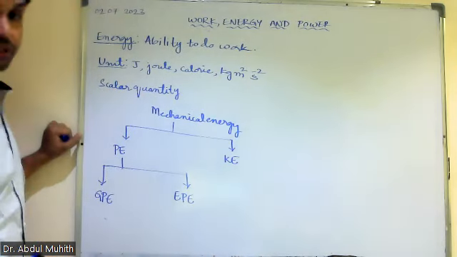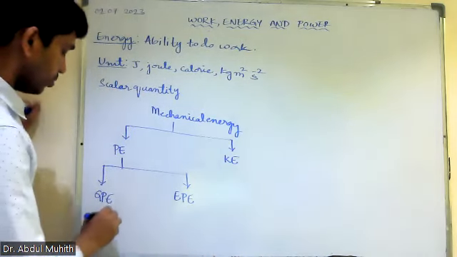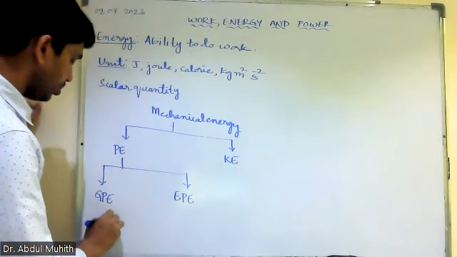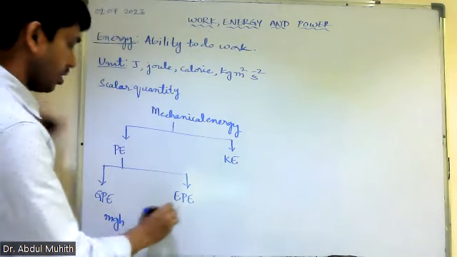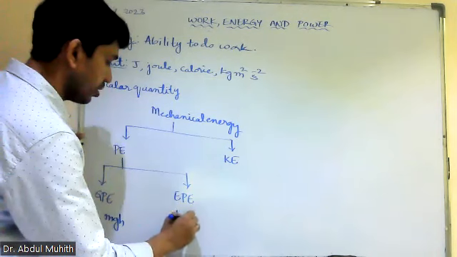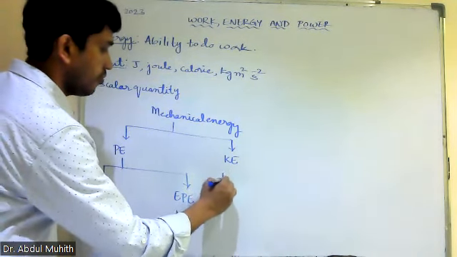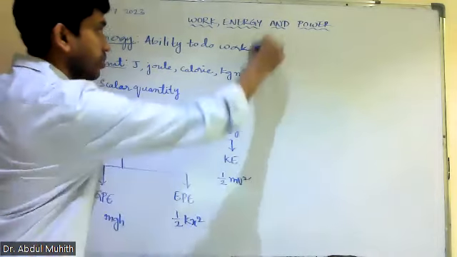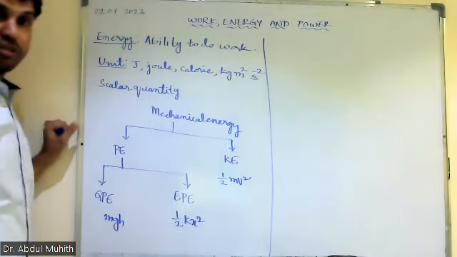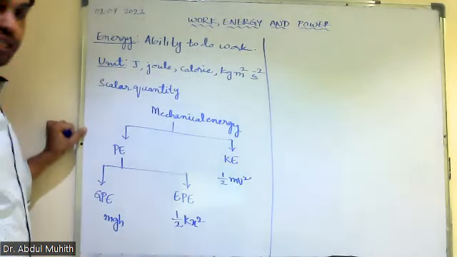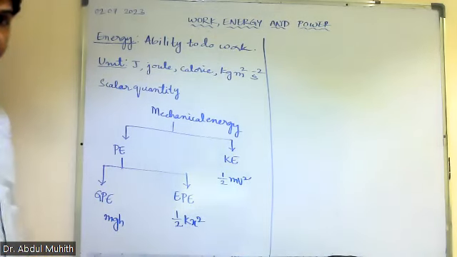Gravitational potential energy is equal to mgh. Elastic potential energy is half kx square. Kinetic energy is half mv square. This is the classification. First, we'll discuss and write the definitions of all.